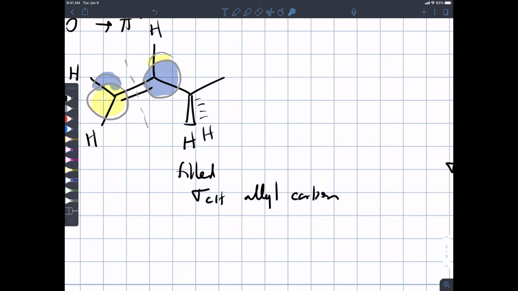I haven't bothered drawing it that way because it was hard to do, but if you were to look down this carbon-carbon bond from the allyl carbon to the vinyl carbon, in order to have good hyperconjugation, this hydrogen would need to line up with the pi star. The issue is that rotation is possible around this carbon-carbon bond, so it can definitely happen.